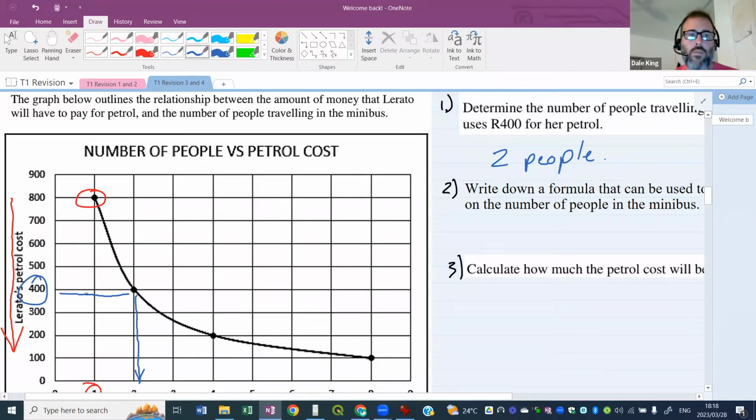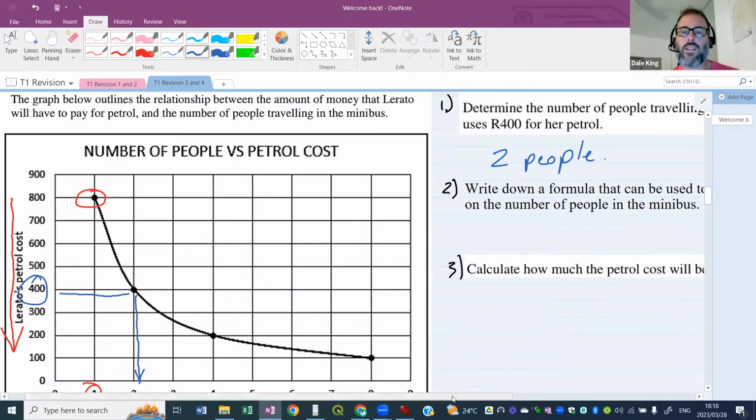You need to show them how you got your value. All right. So don't just write an answer down. Go to the graph there, draw on it there, especially if they say use your graph. They actually want you to go into the graph, draw a line across from 400, draw a line down, and show on the graph what answer you're getting. Okay, and yeah, we're just saying determine, so we don't have to worry about that. But if they say use your graph, then you must mark on your graph to show how you're getting your answer.